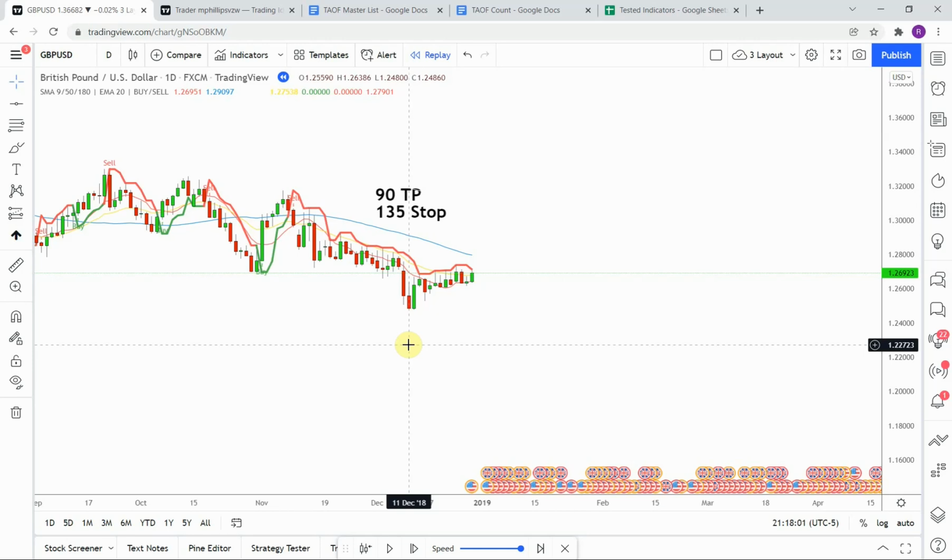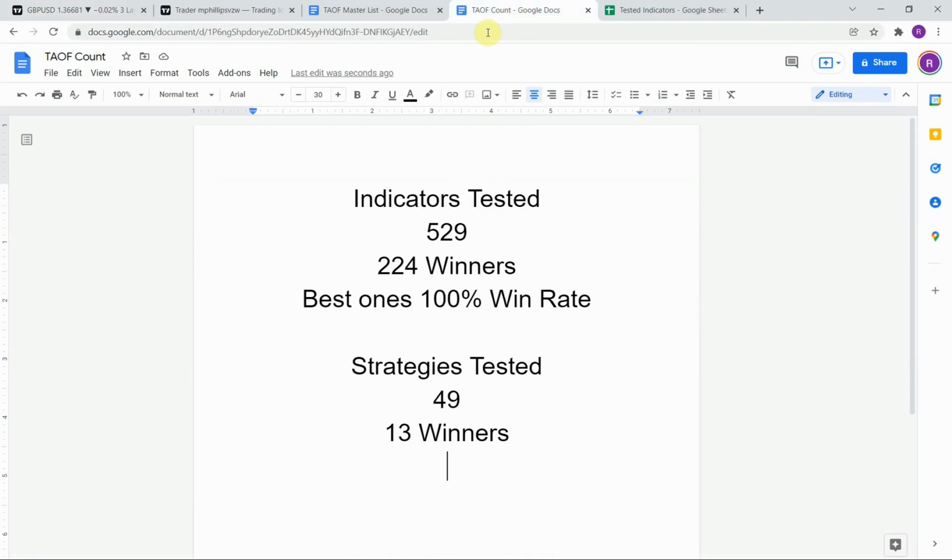Alright, as I said, today we will be testing the SMA 9-50-180 indicator. Before we do though, I wanted to put the testing scoreboard up for everyone to see. So to date, we have tested a total of 49 different strategies, with 12 of them being profitable. We have also tested a total of 529 indicators, with 224 of them being winners.